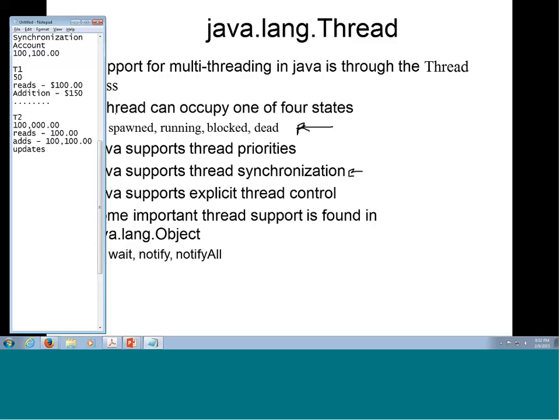Thread 2 wakes up now, and it will go off and say, okay, the balance is 150.